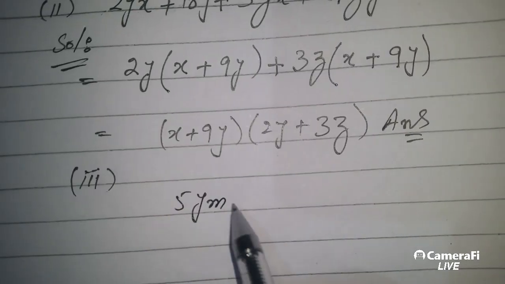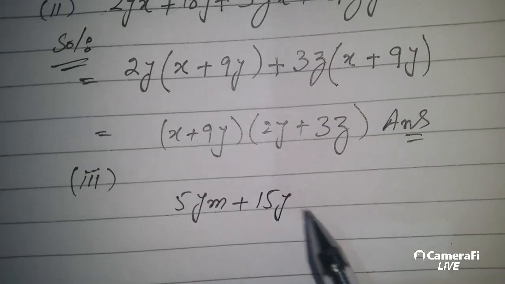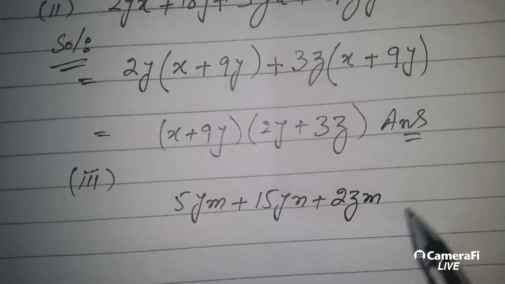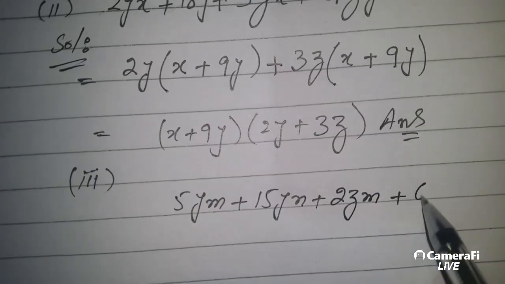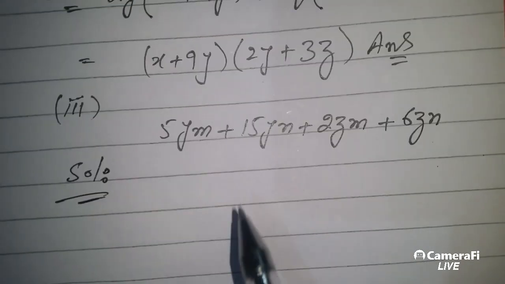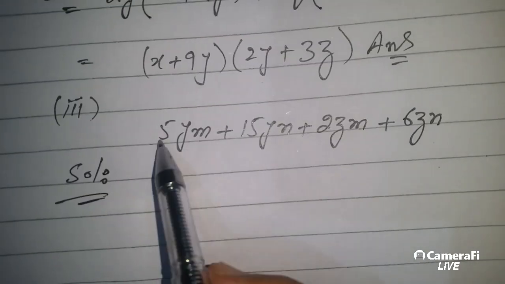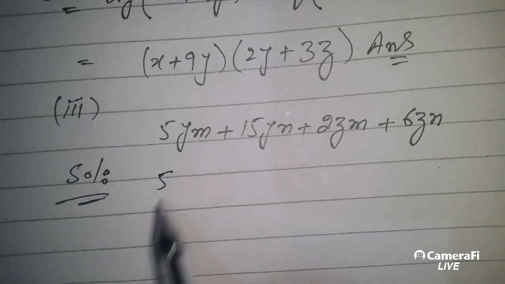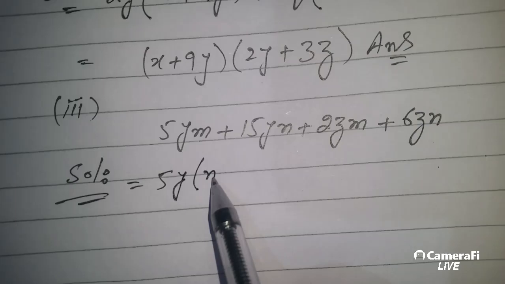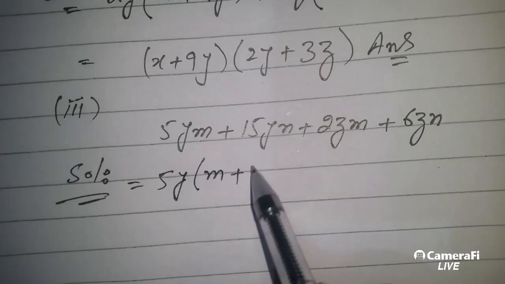ym plus 15y plus 2zm plus 6zn. Now we can take 5 from here as common and y. So what is left? M plus 3 are 15.